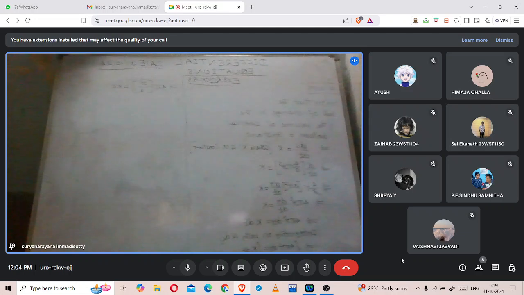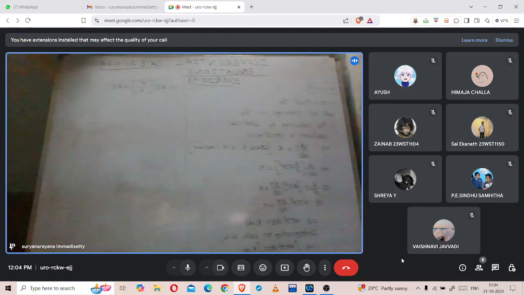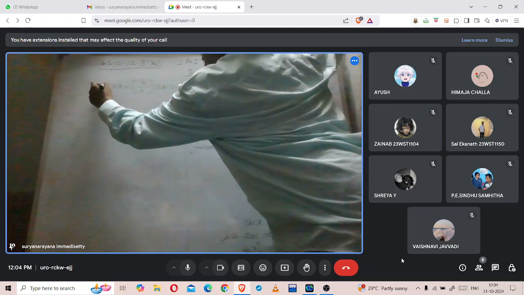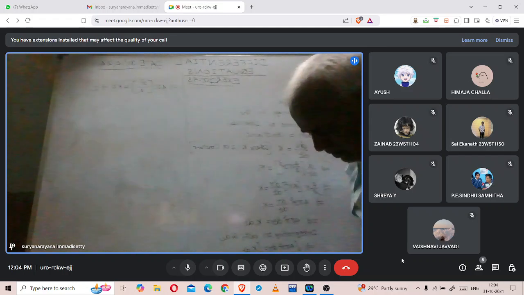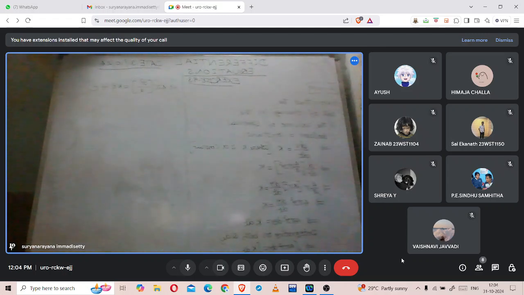So the integration part is over. Then what will you do? We have to add the constant of integration. Then what is given at the initial stage? Initial means what is the time? t is 0 seconds.